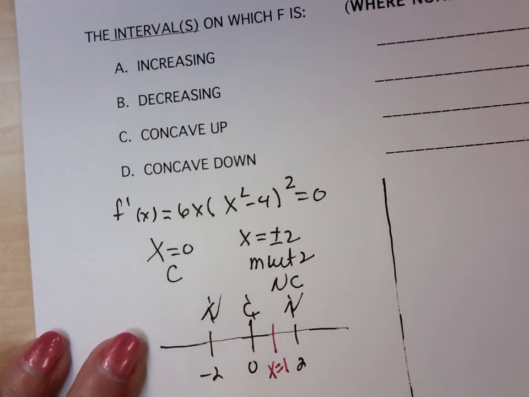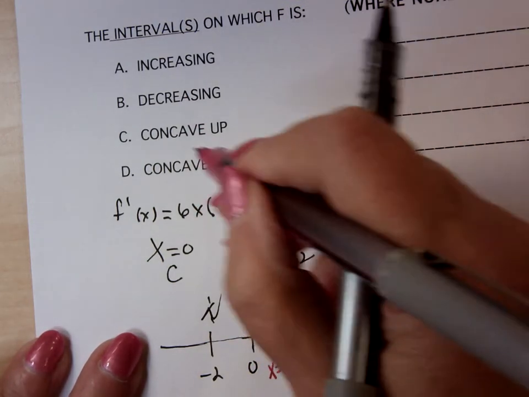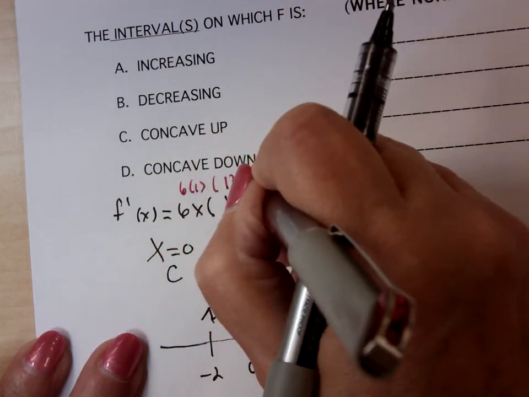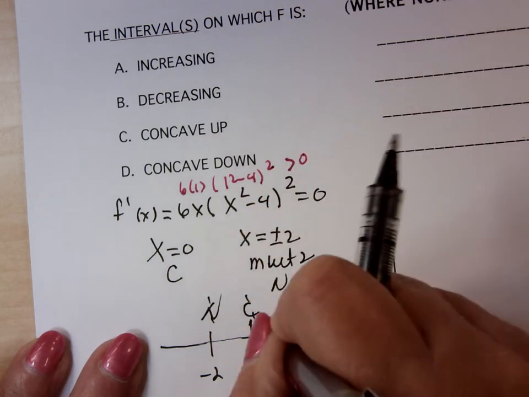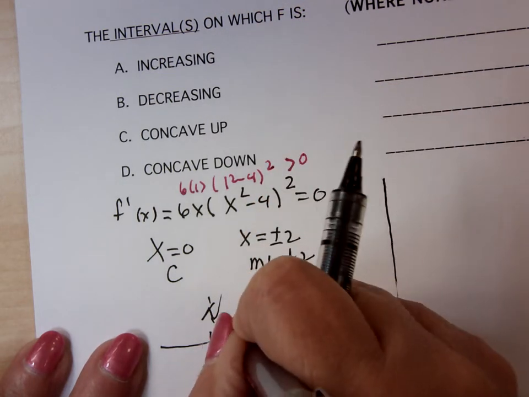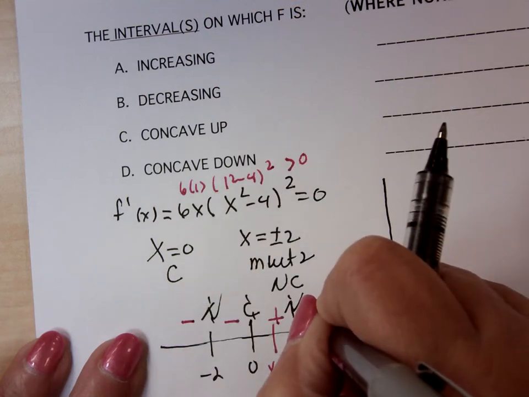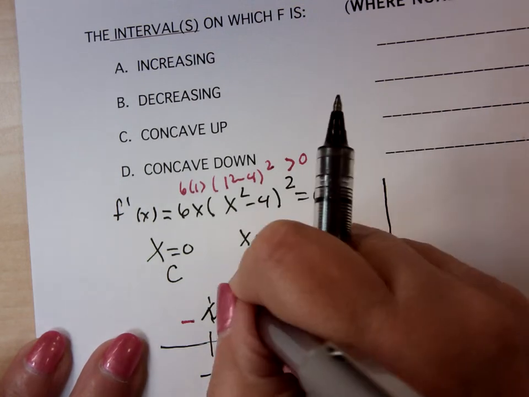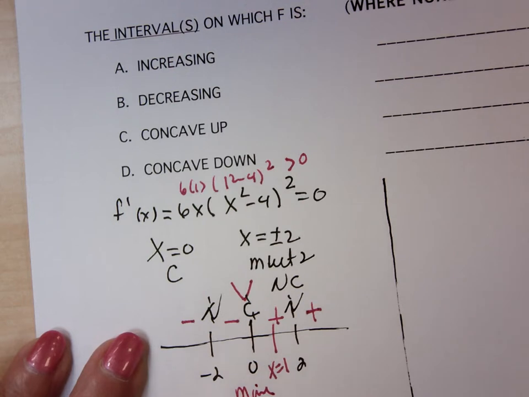And if x equals 1, well, I'm looking at a squared, this is always positive, so 6 times 1 times 1 squared minus 4 squared, that's going to be positive. Change, negative. No change, negative. No change, positive. So negative followed by positive. I have a min at 0, but no max.